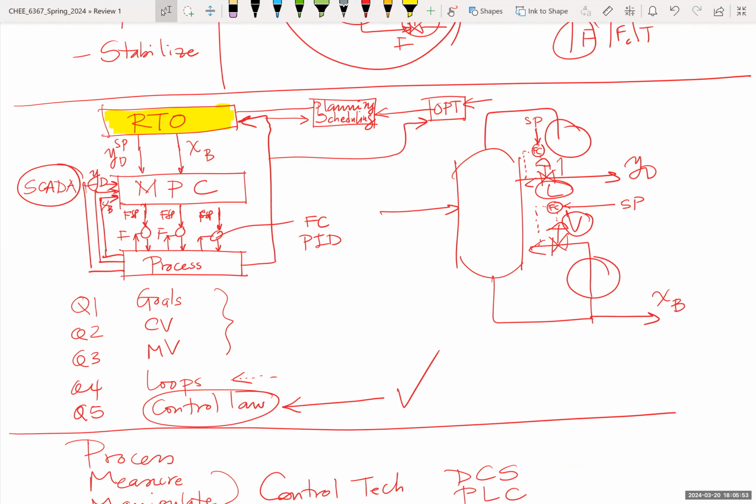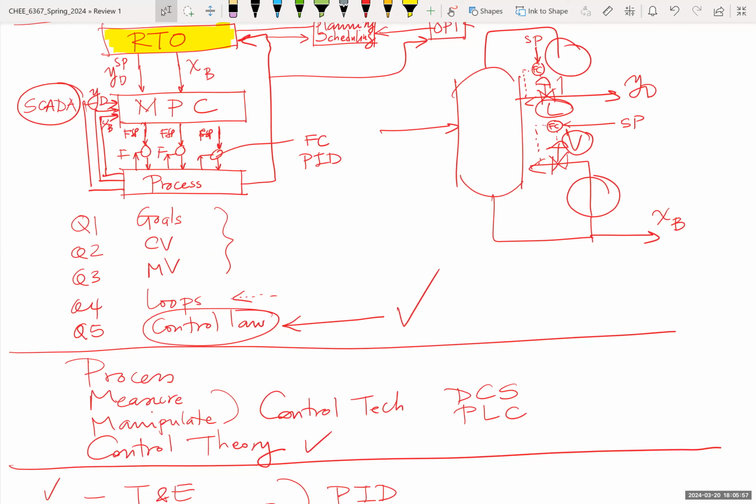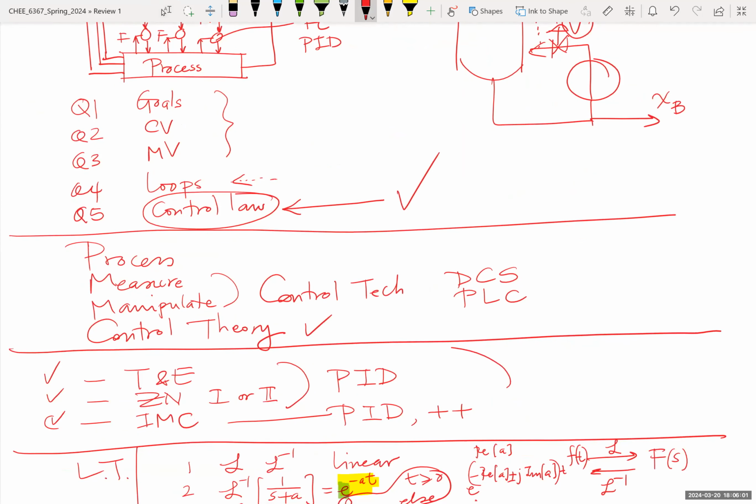Controller tuning basically says, I have decided what my controller structure is. It is something like this. And then I want values of the parameters of my controller. That's tuning. Tuning for a PID, for example, if it's a PI, means what is the controller gain? What is the integral time?